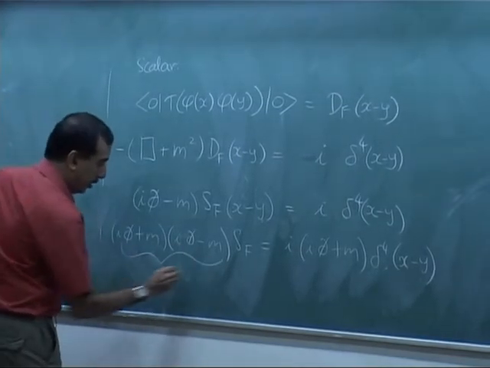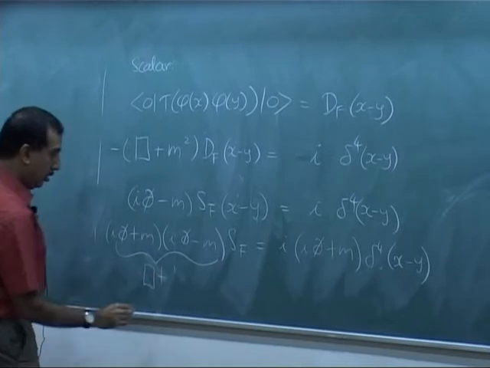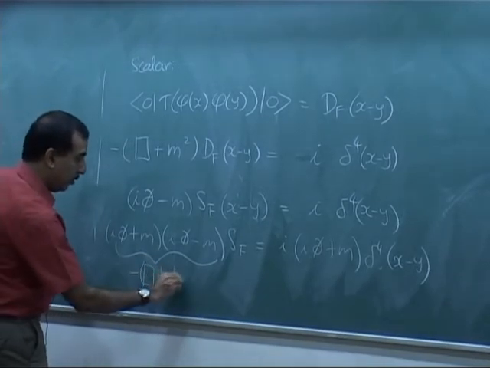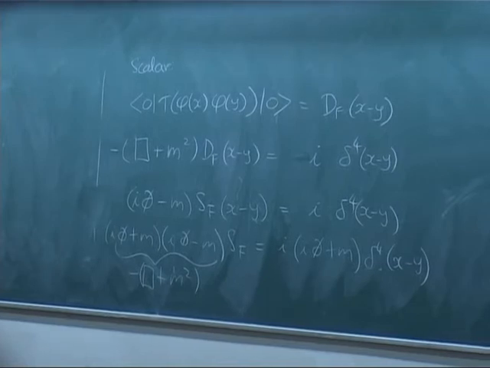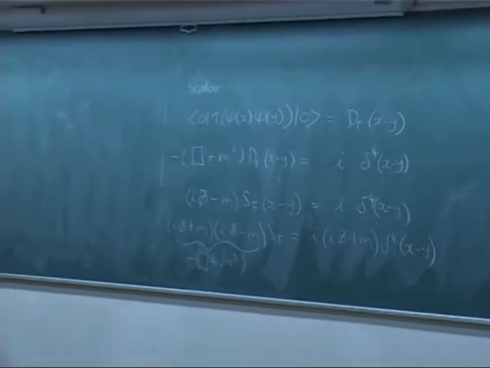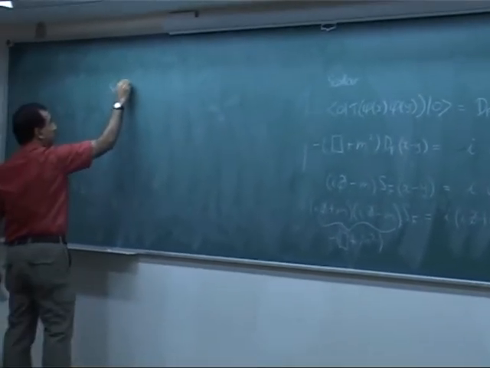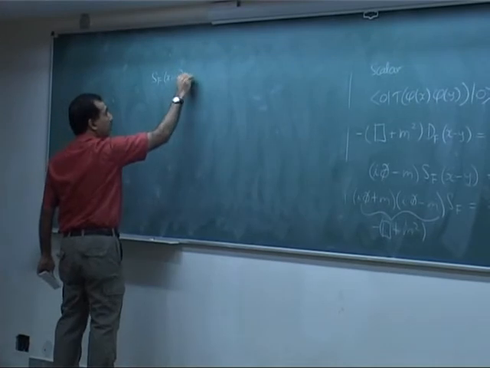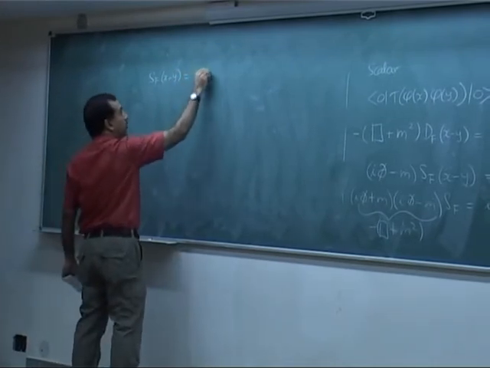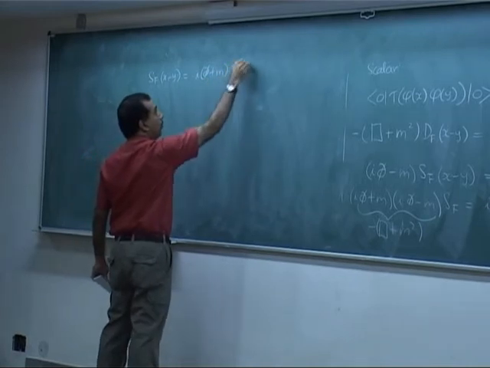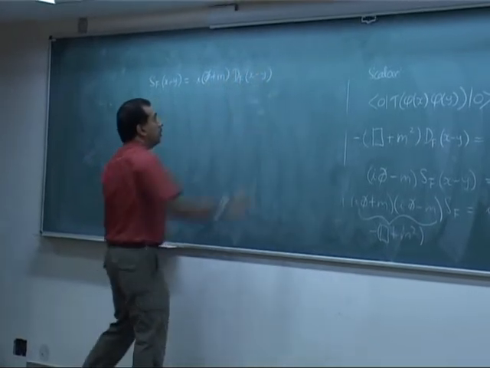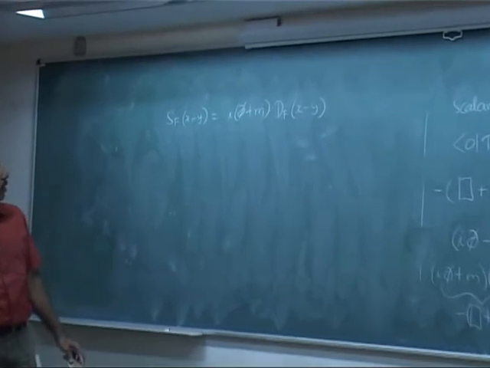This thing is box minus box plus m squared, which I call the Klein-Gordon operator. Okay? So we see that if I propose S_F(x minus y) is simply (i del slash plus m) acting on the old Feynman propagator, the one for scalar fields, then I'm through.